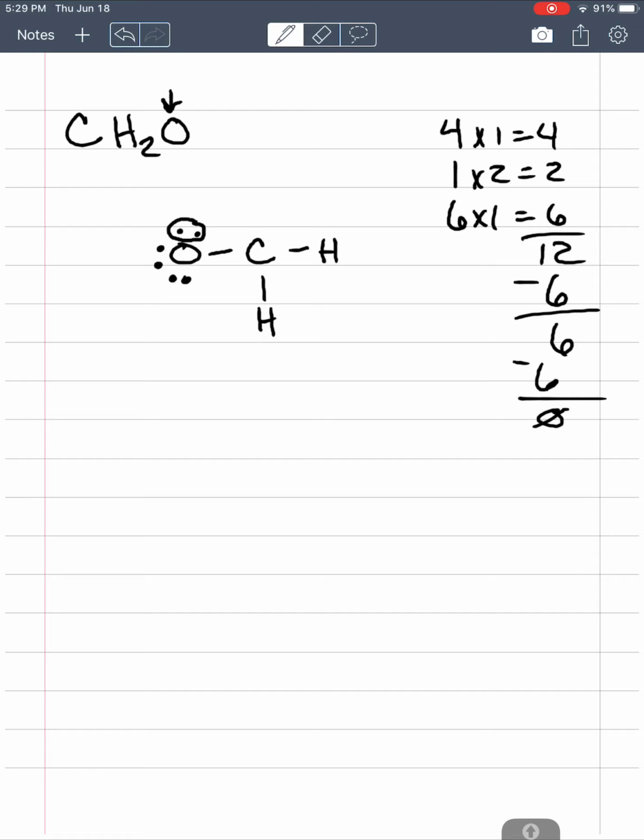So we're going to borrow these electrons here and move them. Have a double bond. Now you couldn't have resonance here because carbon to hydrogen is 1 bond. Hydrogen can only take 1 bond. So you couldn't have a carbon-hydrogen double bond. So this is your only option for this.